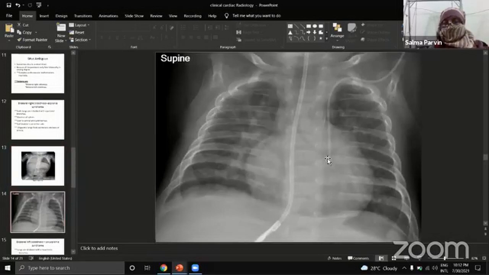You see that this is a chest X-ray of a neonate in an ICU because there are multiple channels present here. This X-ray has a normally positioned heart, but what is there?